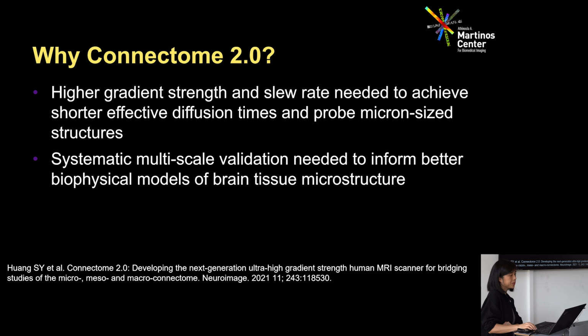At the same time, we know that these diffusion measurements that we have are actually inferred quantities. We're not looking at the axons directly. And again, this speaks to another scientific need that's been driven by our connectome efforts. We know that we need better systematic validation efforts looking at histology to inform better biophysical models of brain tissue microstructure.